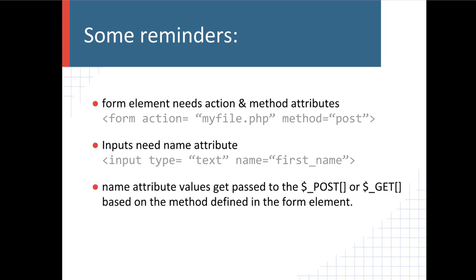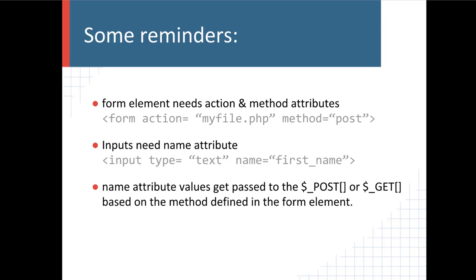So just as a reminder, forms need action and method. The action says where to send the form data to, and the method says which array to send that data to. The get method sends the data array to the URL of the page in which the action is pointed to, and the post method would send the data into the post array to be processed by the page that the action is pointed to.